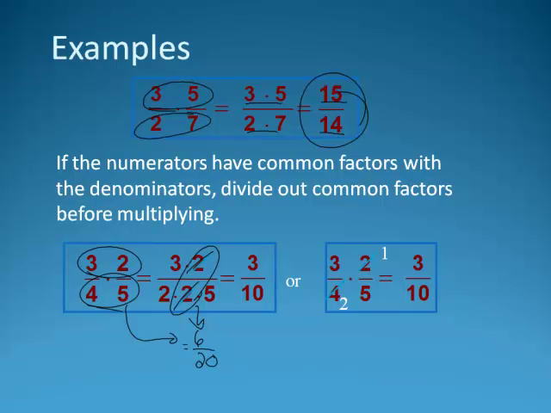So at this point, you would have to use one of those two methods we just talked about, either divide top and bottom by the greatest common factor, or you could do a prime factorization, which is what this is, and cancel out. At this point, if you know that there is a common factor here of 2, you could divide it out at this step, and that would give you 3 over 10, which is the same answer, just a little more writing.